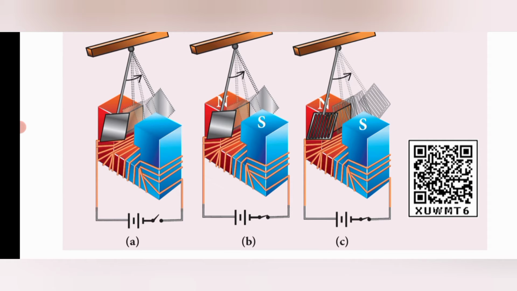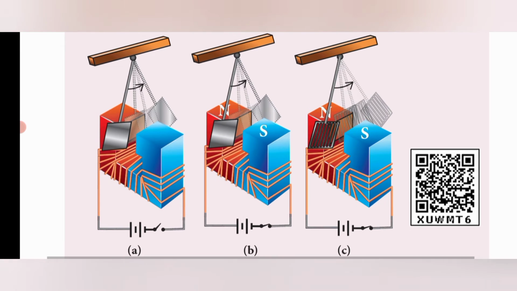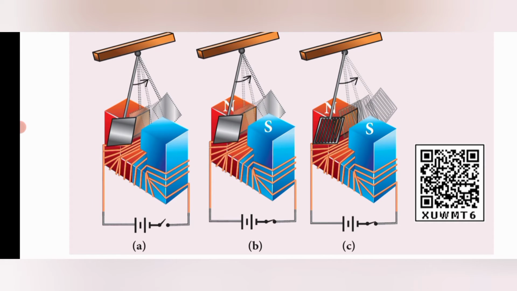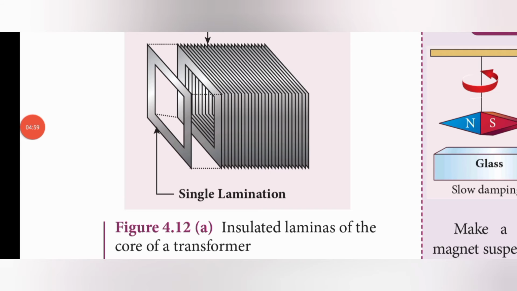What happens when the electromagnets are switched on is that the eddy currents are reduced and the oscillations are the same as in picture A. So when a rectangular sheet or plate-like conductor produces eddy currents, they can stop its motion. This is the simple demonstration of eddy current. So we reduce this eddy current.